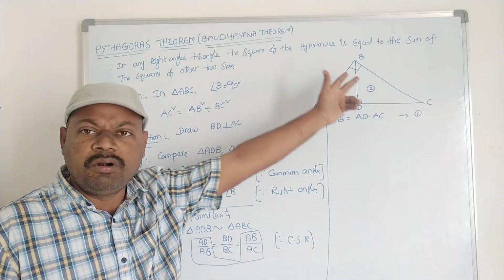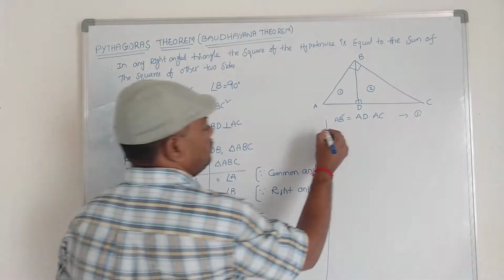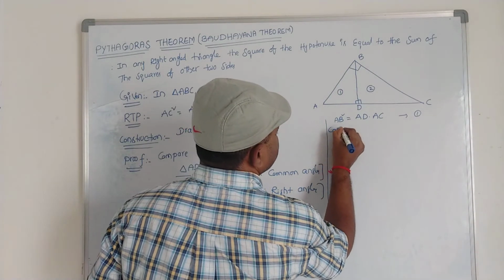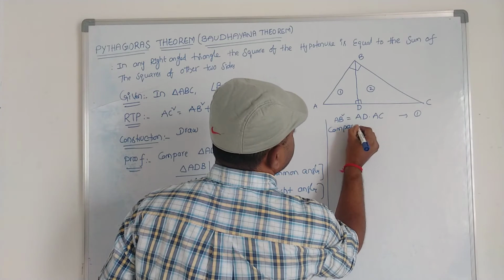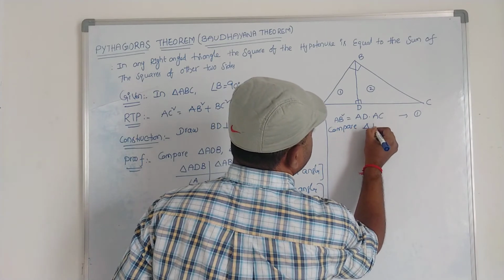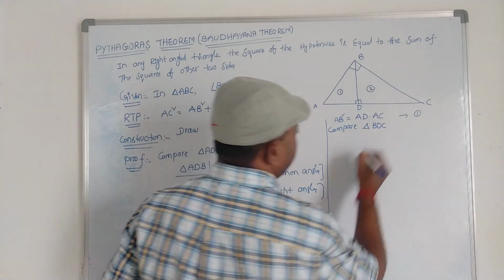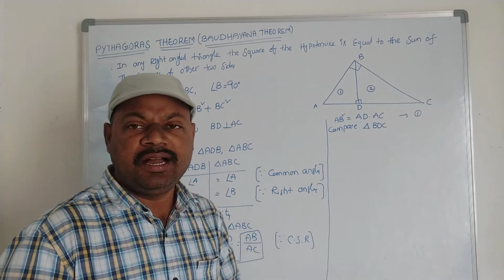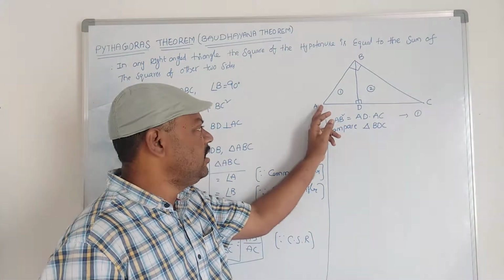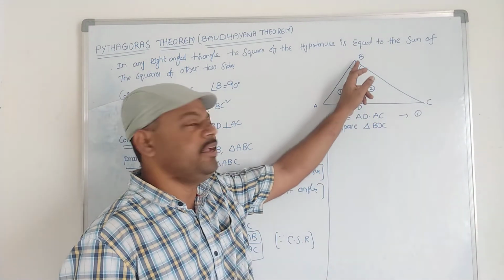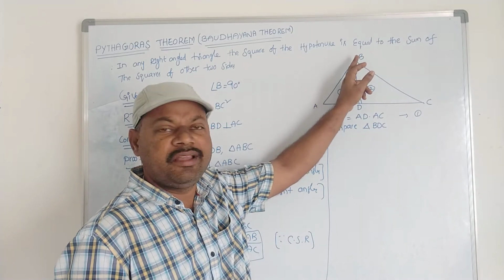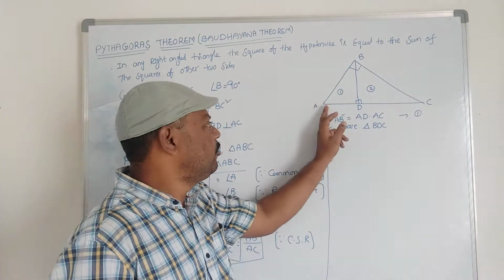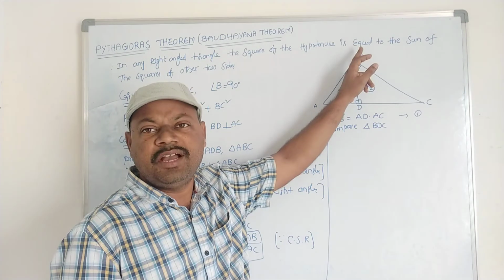Next, the second task is to compare the second half right angle triangle and the whole triangle. The second half triangle is triangle BDC. Observe the order. The first half triangle is triangle ADB, going to the upside.